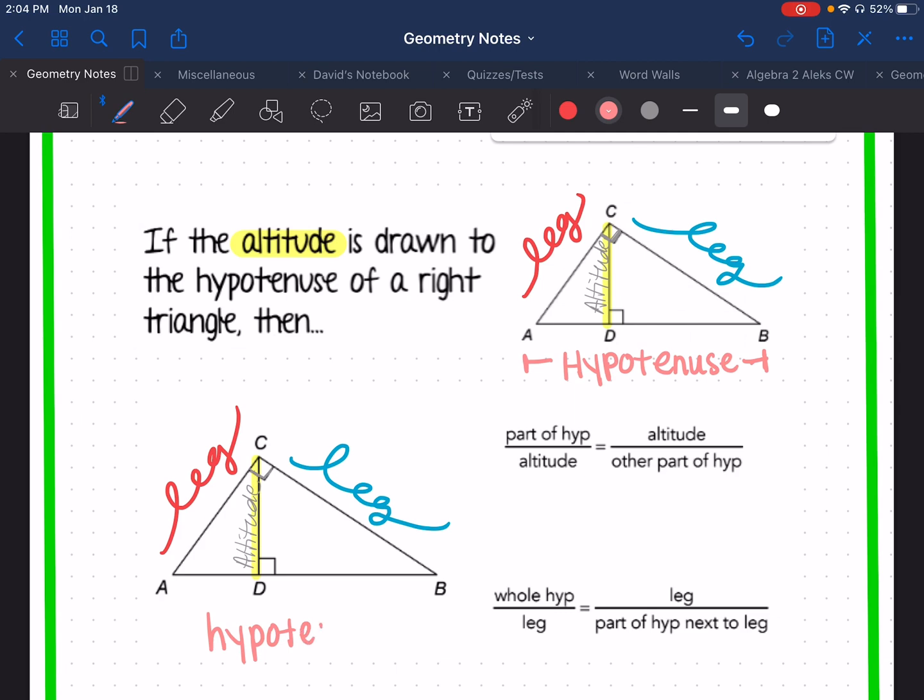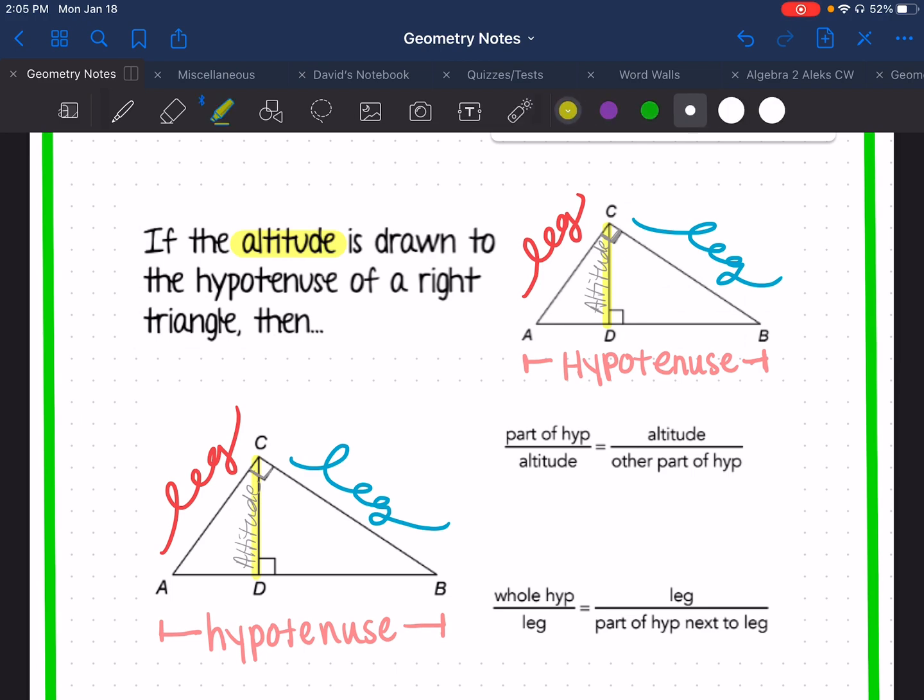Now, what you might be noticing, and rightfully so, is that there are two more right triangles. A, D, and C make a right triangle, as do C, D, and B. What these right triangles do is they allow me to set up proportions depending on what is marked in my right triangle.